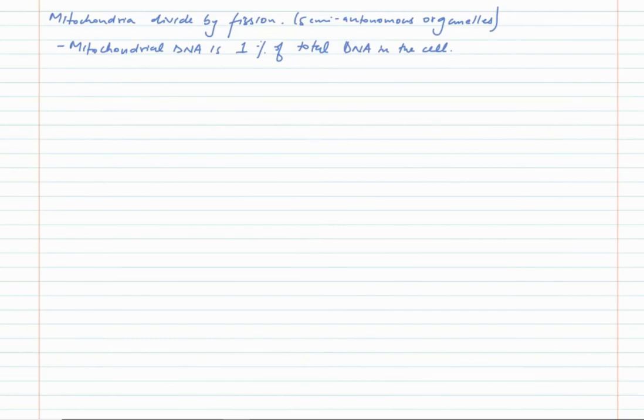Now the functions of mitochondria. First of all, mitochondria are the sites for oxidative phosphorylation, that is ATP production.